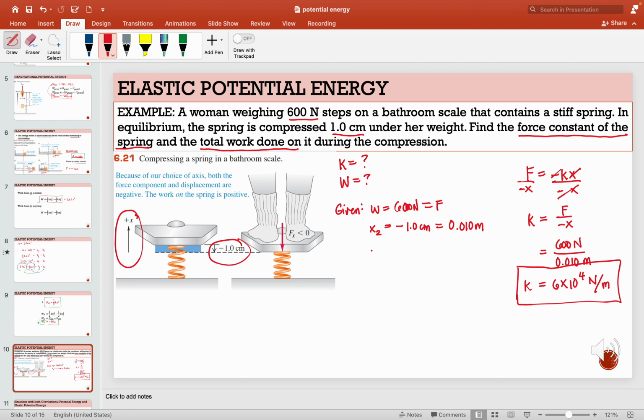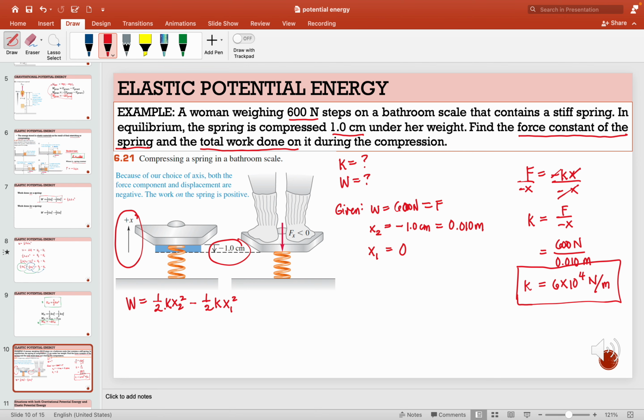Now, our value for the initial position is obviously 0, because that is the initial state, before the woman steps on the bathroom scale. So to solve for the work done, since it is elastic potential energy, we have 1/2 k times x2 squared minus 1/2 times k times x1 squared.